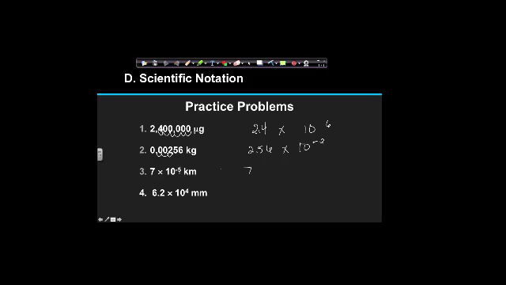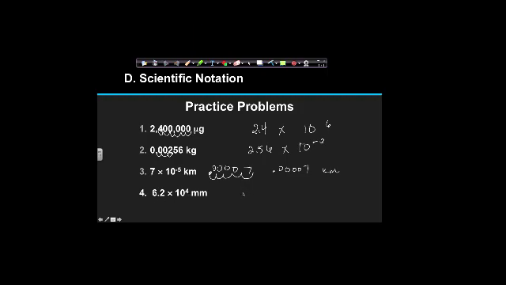And since it's a negative exponent, I'm going to move it so that the number is less than 1, to the left. 1, 2, 3, 4, 5. Any of these spaces I just fill in with zeros. So it's 0.00007 kilometers.